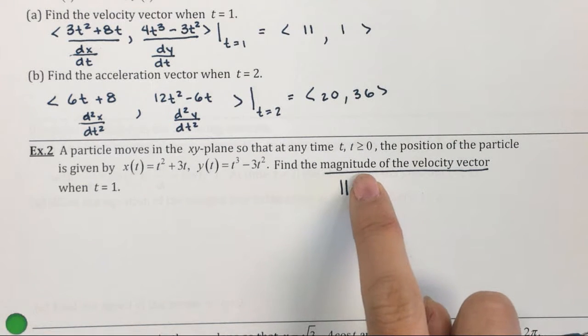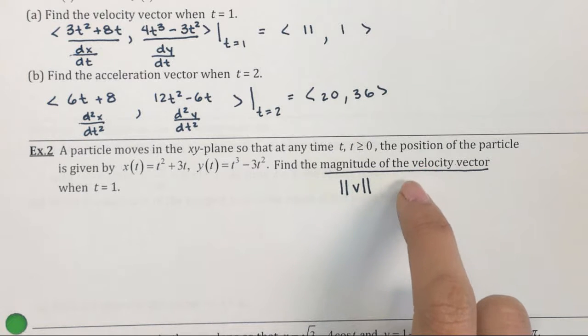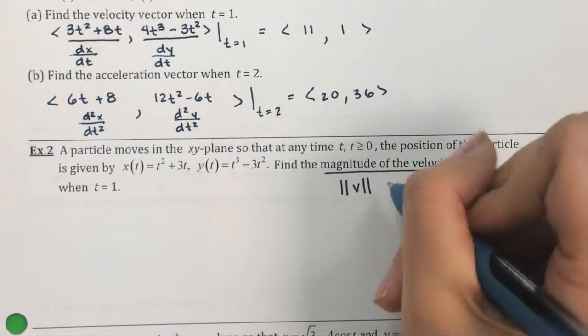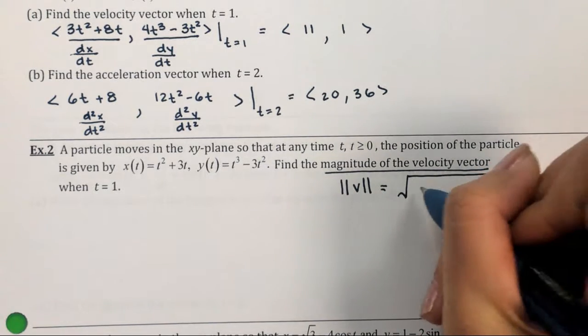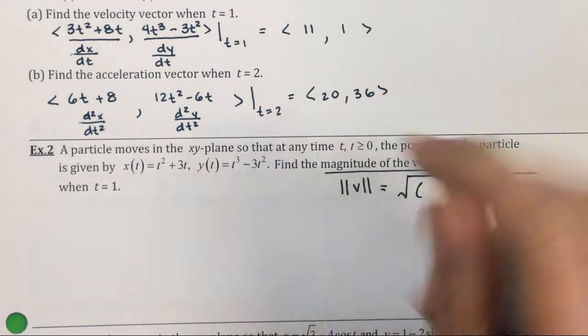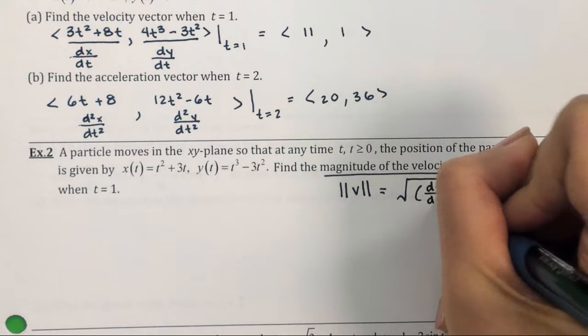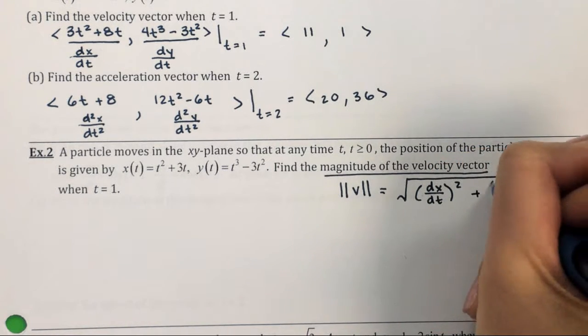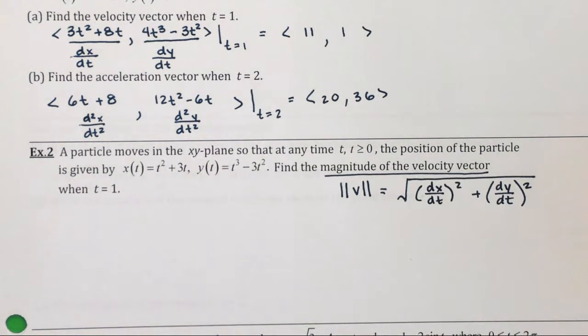Anyways, what's the magnitude of a vector? Anybody from physics? Yes, that's actually perfect. So it's the components squared, which, since it's velocity, we'll be doing dx/dt squared plus dy/dt squared, and it will give you a number, right?